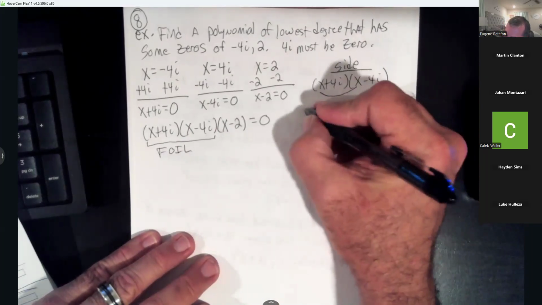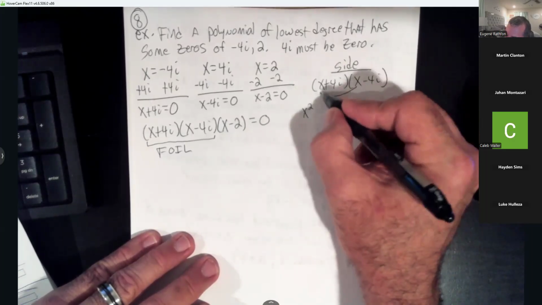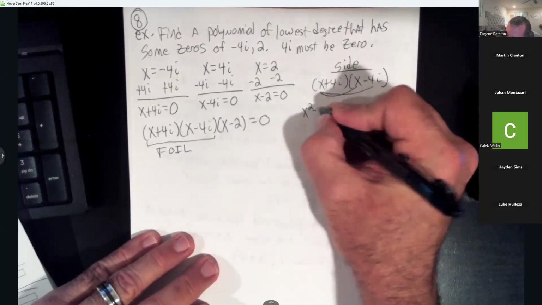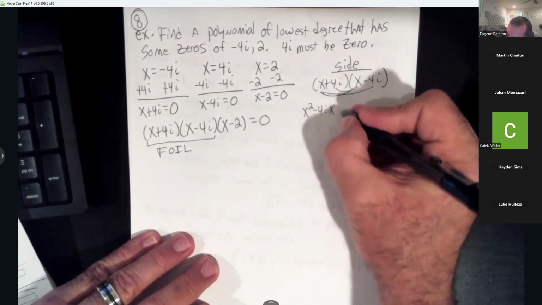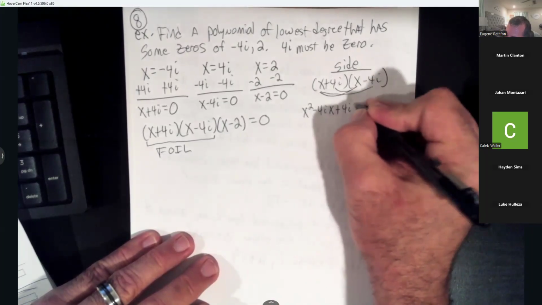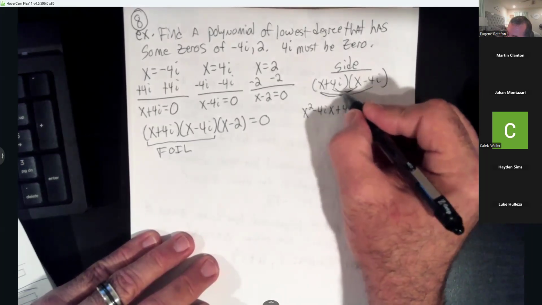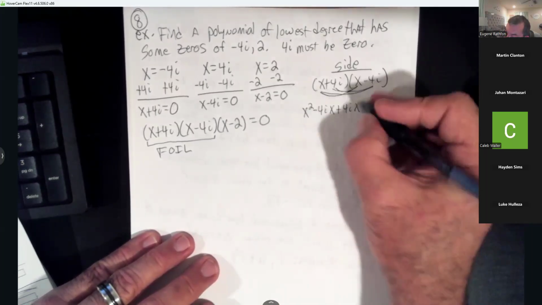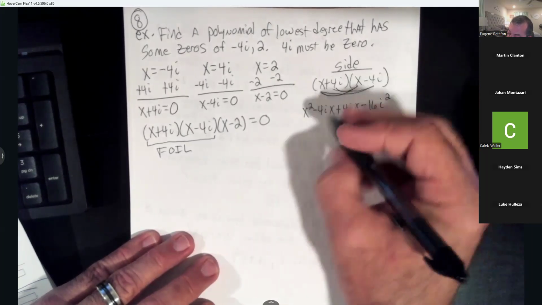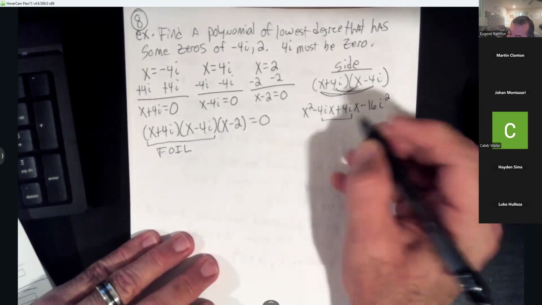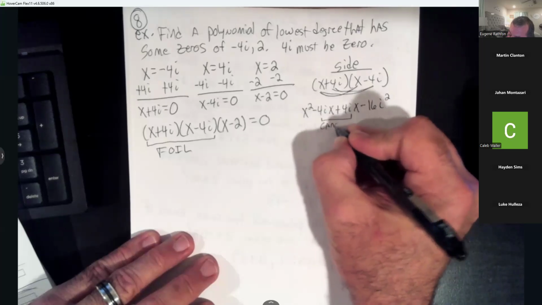So x times x is x squared. X times negative 4i is a negative 4ix. 4i times x is a positive 4ix. And then 4i times negative 4i is a negative 16i squared. Notice the middles cancel.